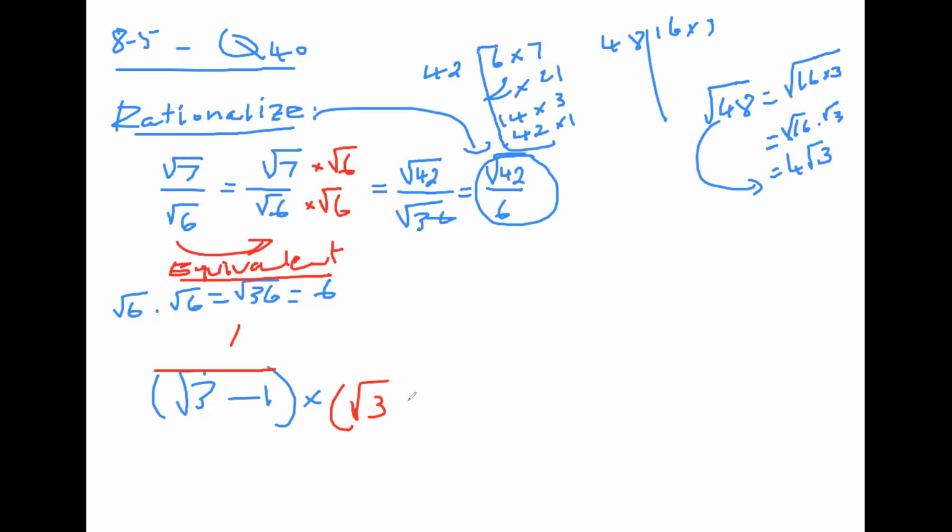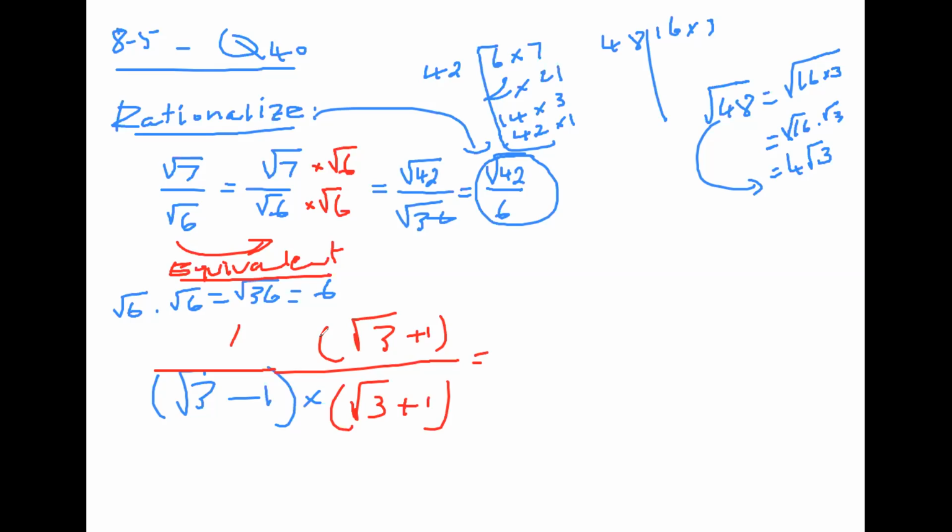Change the sign here, and do the same at the top. If it has an addition or a subtraction, multiply it by itself with the sign switched to the opposite. That way the middle terms cancel out. Then you distribute, and your radical will disappear from the denominator.